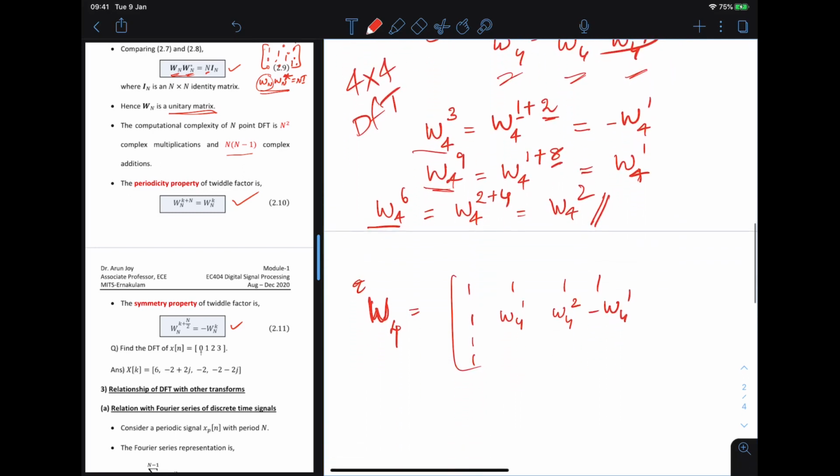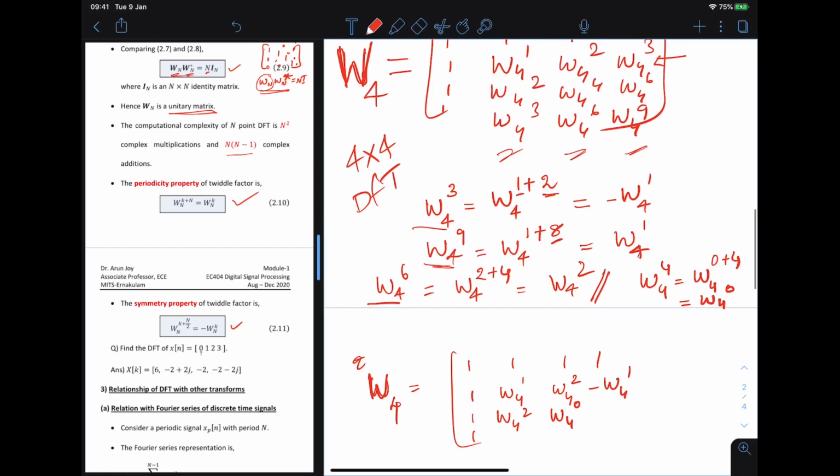Next, W4 square, and what is W4 raised to 4? W4 raised to 4 is equal to W4 raised to 0 plus 4. So what can you say about that one? Again, look at the periodicity property. It is the same as W4 raised to 0, so that is 1.